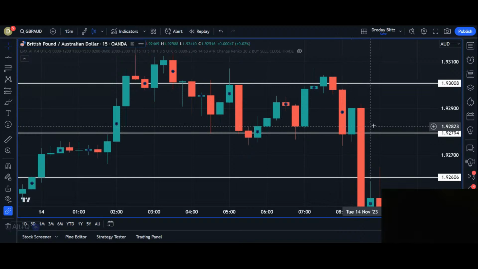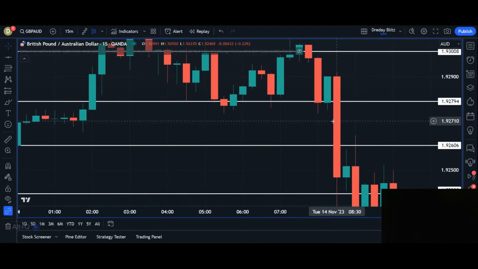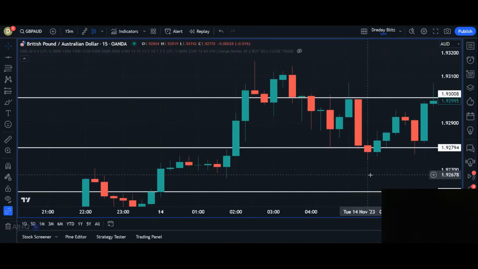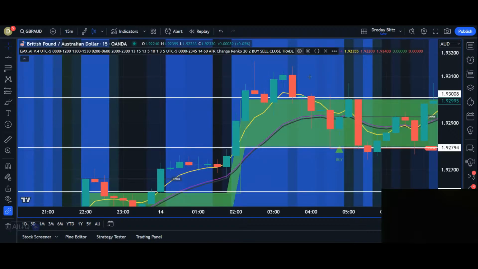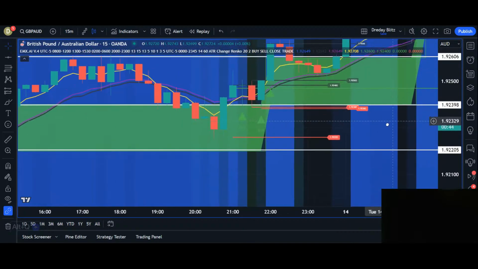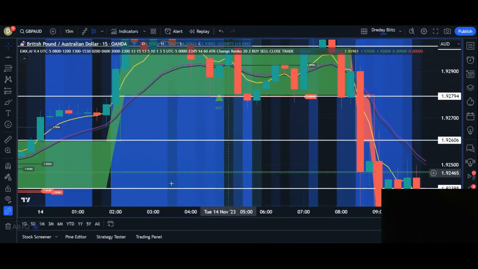So when it broke, it fully broke that zone that you're expecting to go short. Okay, and that's why when you put in your Renko, it will show you exactly where it's supposed to go.